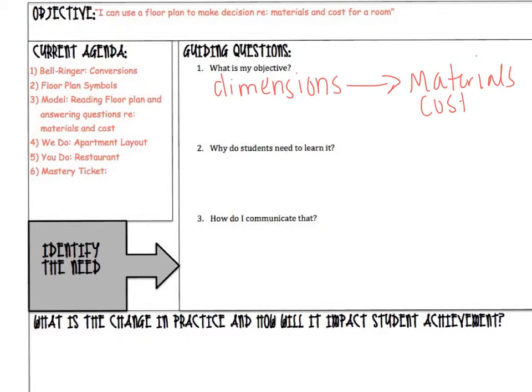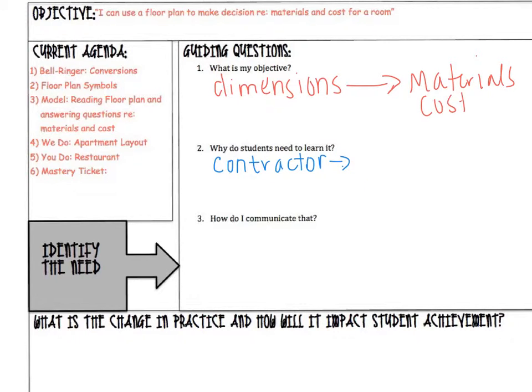All right, so stepping back in, looking at question number 2, why do students need to learn this skill? Well, students chose to be in construction because one day they would like to possibly be a contractor. Okay, and I'm sure that some students may even want to own their own business.